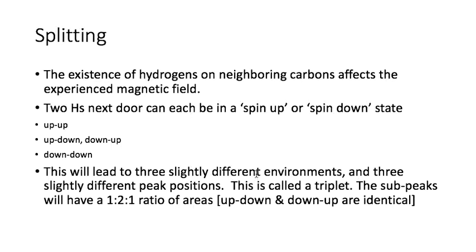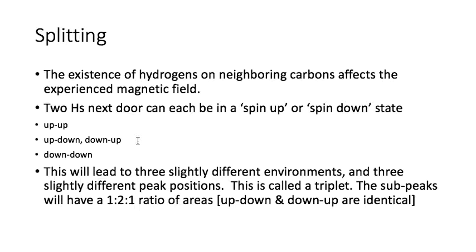If you have 2 next door, each one can be up or down. This is all independent. So you could have both of the ones next door being up. You could have both of the ones next door being down. And you can have one up and one down, or one down and one up. And those are 2 atoms. So there's 2 different ways that can happen. And these are 3 different environments. Now, this middle environment with one up and one down, that's just like there were no hydrogens next door.